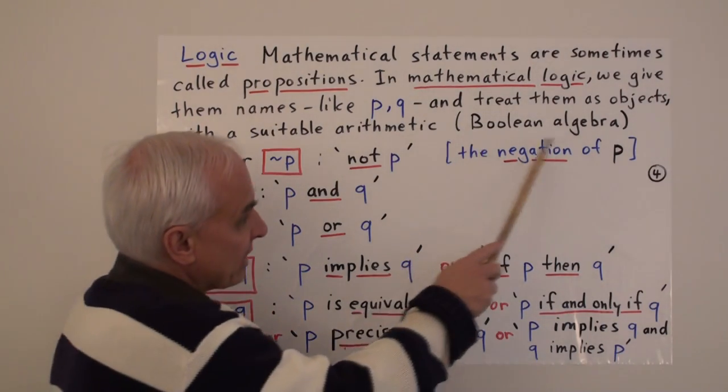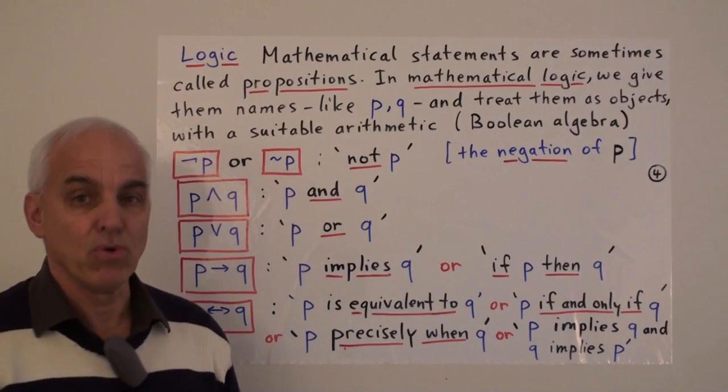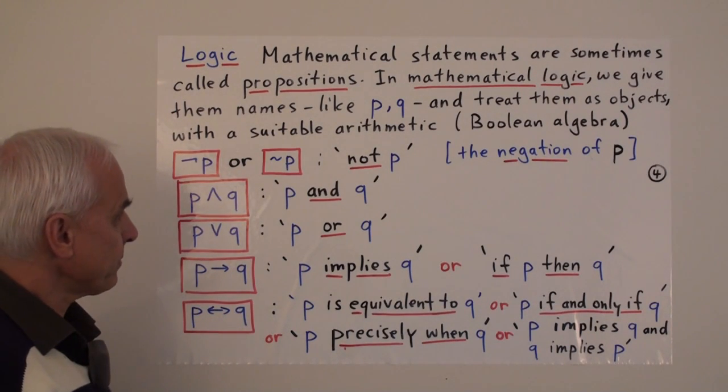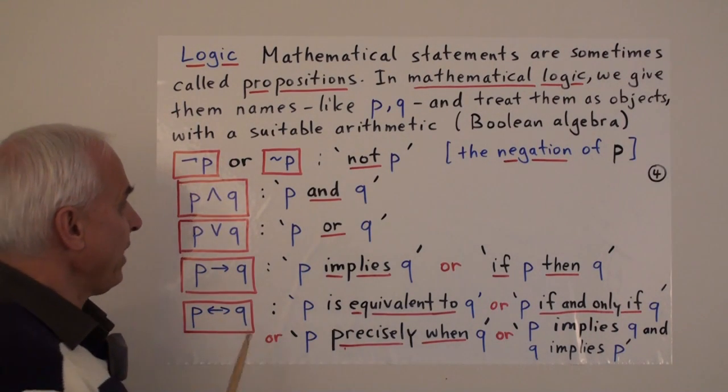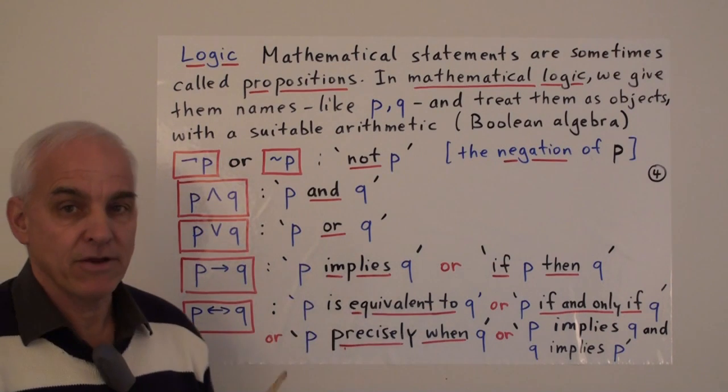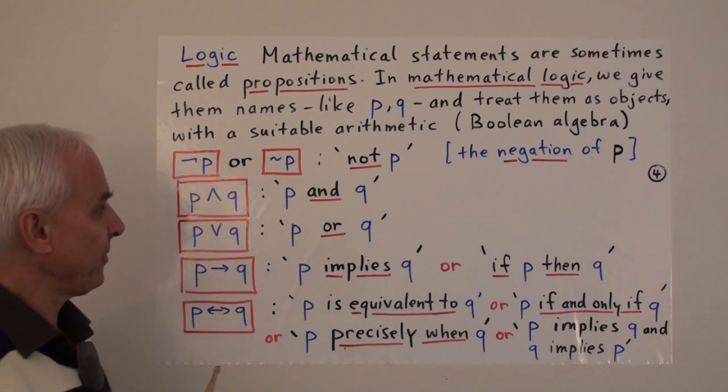This kind of arithmetic is sometimes called Boolean algebra. So let's suppose that P and Q are some kind of mathematical statements.